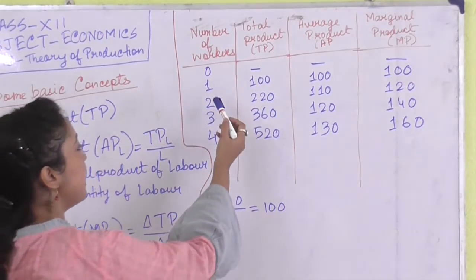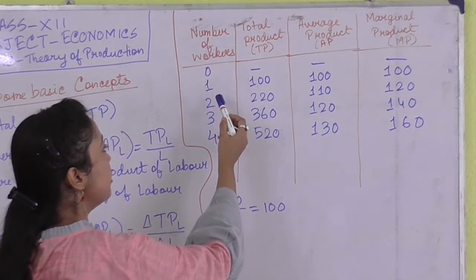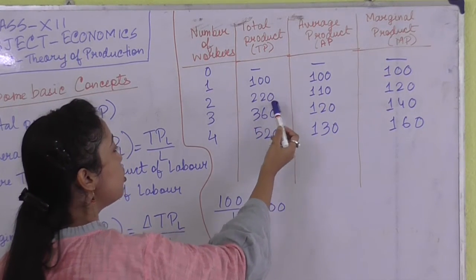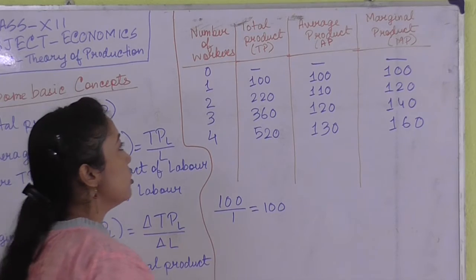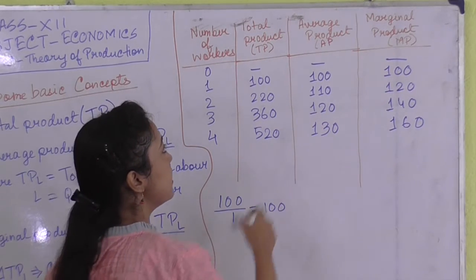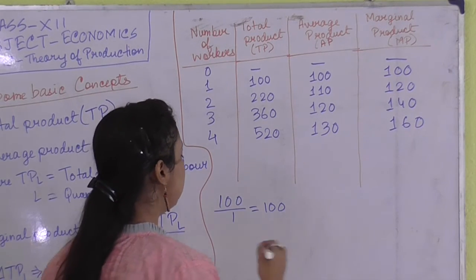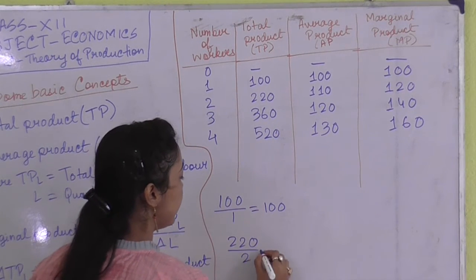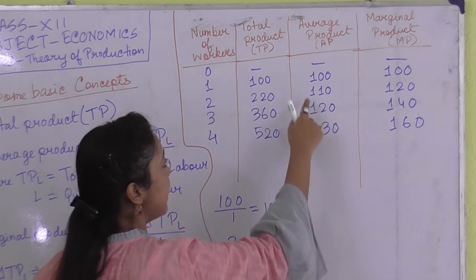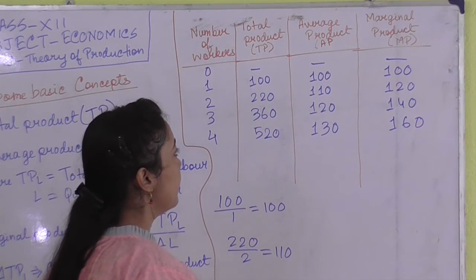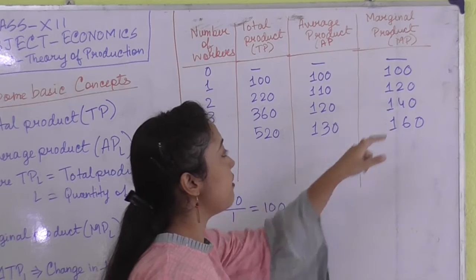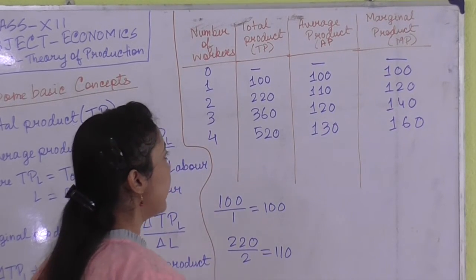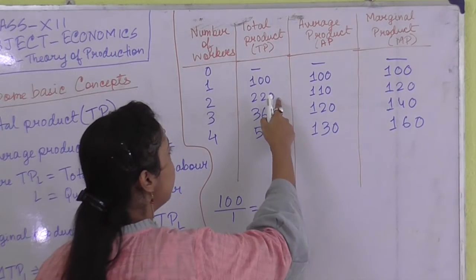Next, when the number of workers increases from 1 to 2, the total product also increases from 100 to 220 units. Now we have to derive the average product. 220 divided by 2, we get 110 as our average product. Now, 120 is our marginal product, and I will show how we get this 120.